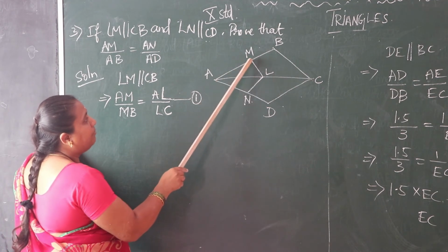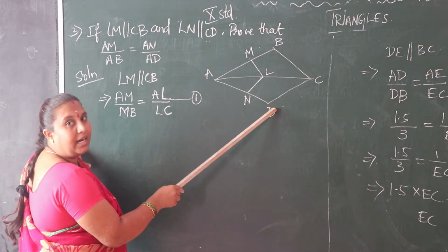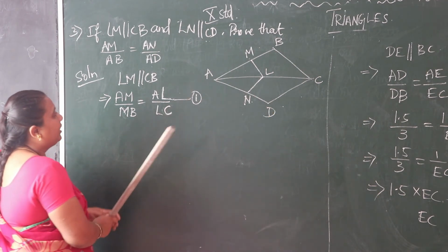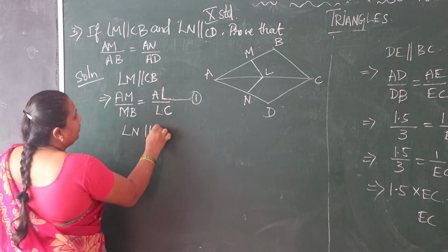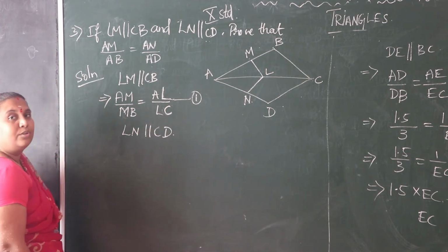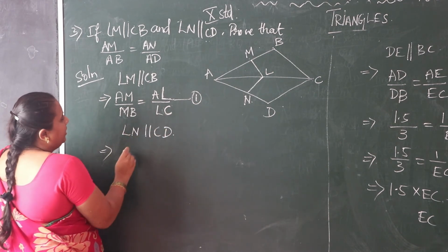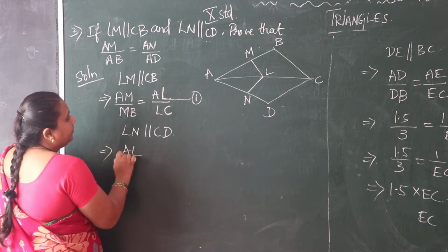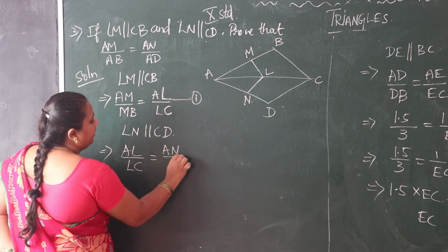Then we move on to the other triangle in the given picture. LN is parallel to CD, so we can write AN by NB equals AL by LC.